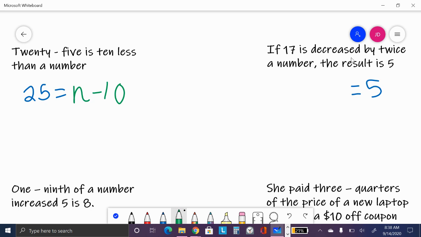So 17 minus 2n. The result is 5, equals 5. And now this one is a two-step equation. Okay, draw your line down the equal sign, subtract 17 from both sides, divide both sides by negative 2.